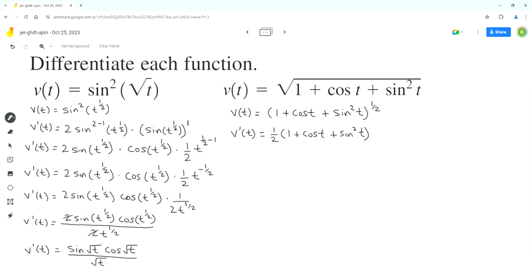And we'll subtract 1 from it. Times the derivative of the inner function, which is the expression 1 plus cos t plus sine squared t. Now the derivative of 1 is 0 because it's a constant, and then the derivative of cos t is minus sine t.